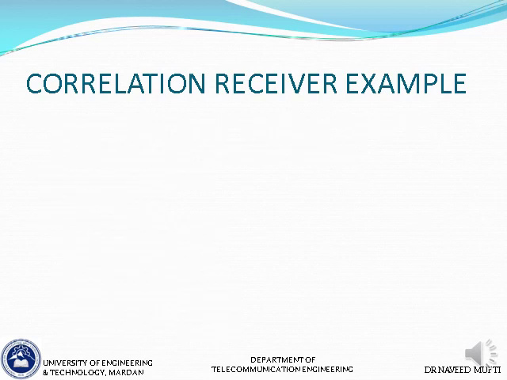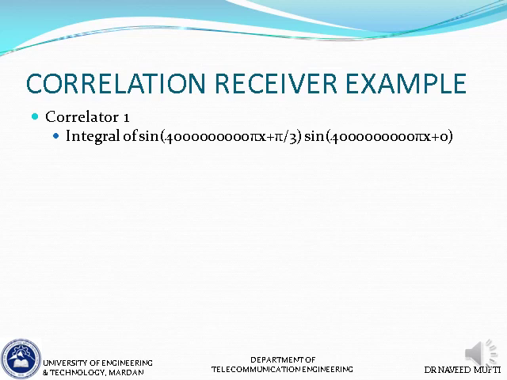Okay, so now time to numerically solve the integral by putting all the numerical values in. So we put the values of the integral limits, and we put the value of the frequency as 2 gigahertz, and we use the value of phase. The way I have done, I have used radians. So when it comes to correlator 1, we will be solving the integral of the product of these two sinusoids, as you can see on the screen.